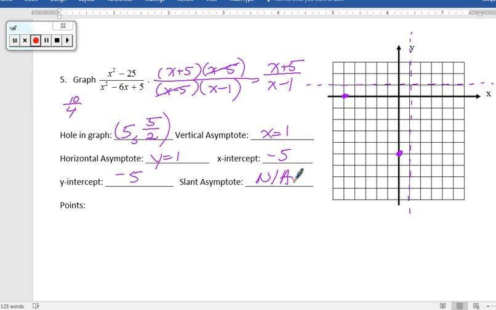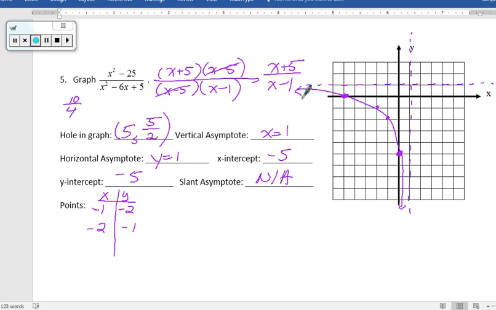At this point, we just need a couple of extra points you can grab from the table on your calculator. If you're not sure how to do that, please ask your teacher how to work the calculators. On the left side, I got negative 1, negative 2. I also got negative 2, negative 1. That's enough to kind of see the pattern this guy's taking. And again, you can peek at the calculator graph itself too.